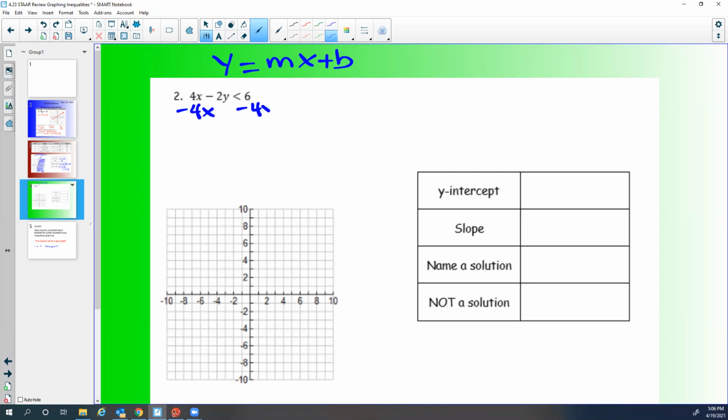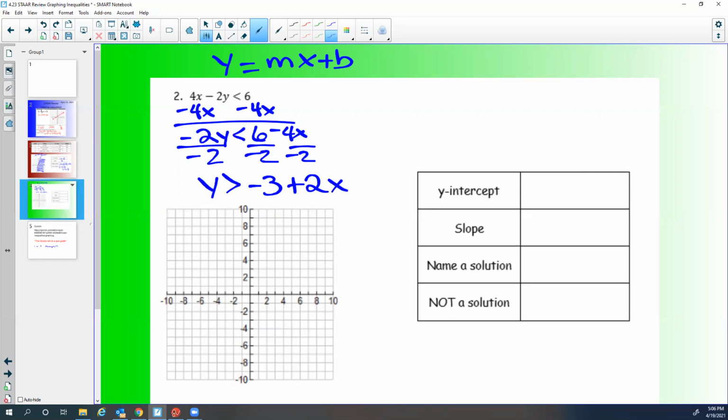Let's subtract it: -2y is less than 6 minus 4x. I need y by itself, so let's divide everything by -2. Now remember, when you divide by a negative, the inequality sign flips from less than to greater than. And then we have -3 plus 2x. So my slope is 2, my y-intercept is (0, -3).